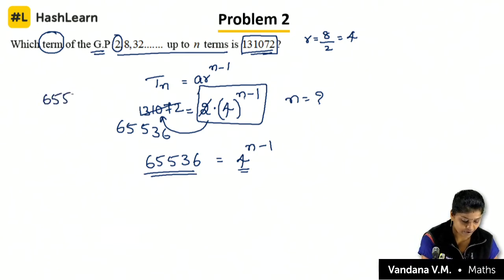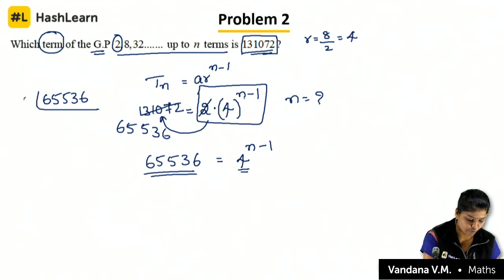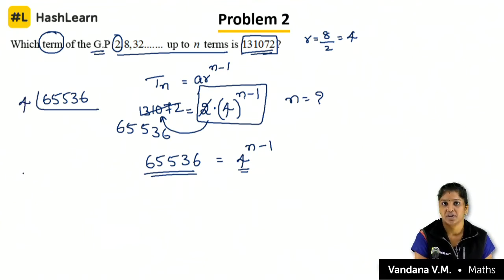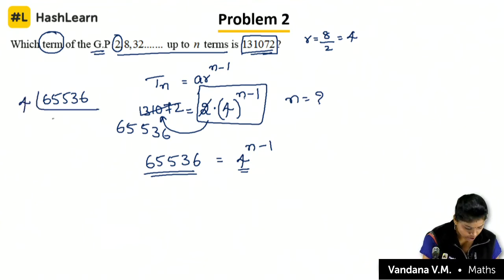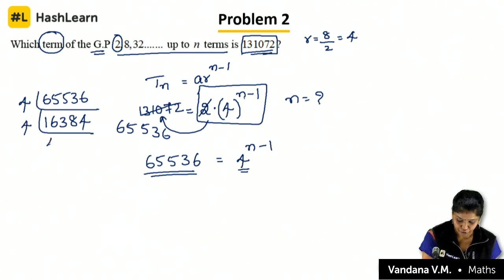Divide 65536 by 4 and check. If you divide and see, you will keep getting the quotients in turn.